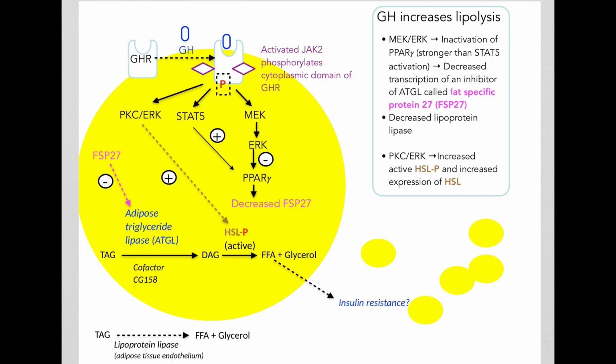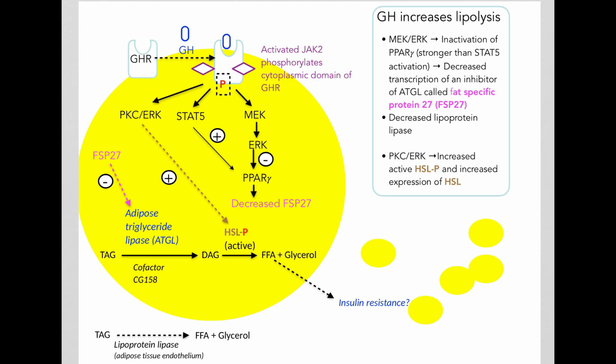Another way growth hormone increases lipolysis is through this pathway, the PKC-ERK pathway, that leads to increased phosphorylation as well as activation of the hormone-sensitive lipase, as well as increased expression of this enzyme. So together by increasing these two enzymes, triglycerides will be broken down to fatty acids, and that will lead to increased lipolysis.